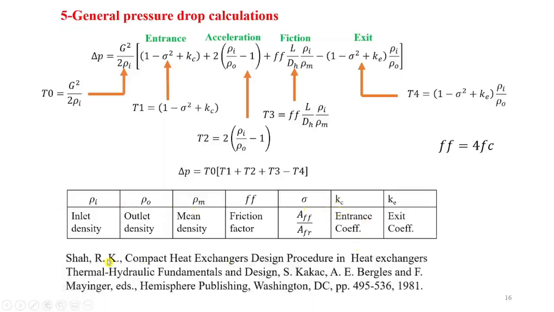Actually, Shah, in Compact Heat Exchanger Design, which is a heat exchanger thermal hydraulic fundamentals and design book, 1981. Shah has a separate, condensed, very good paper about compact heat exchangers, where this has been explained in more detail.